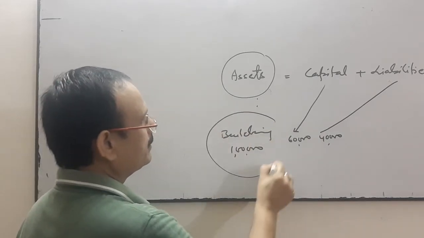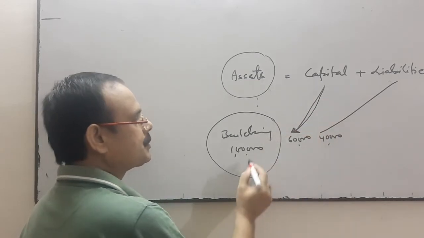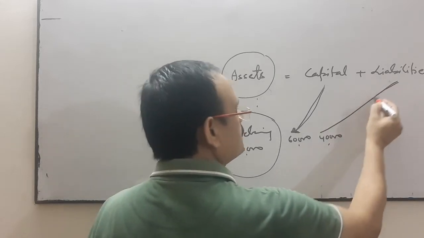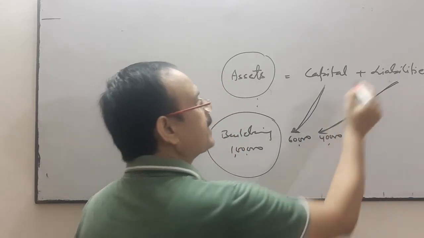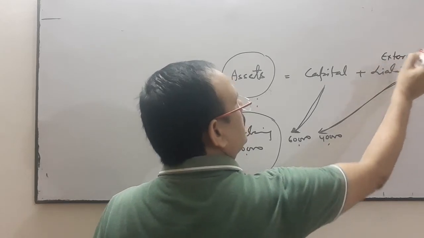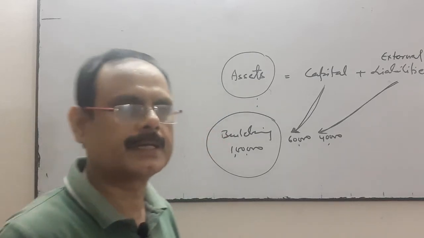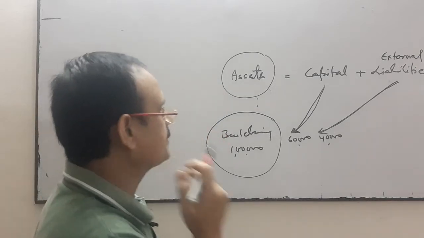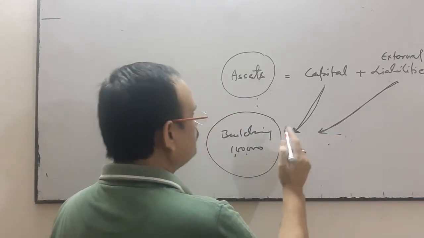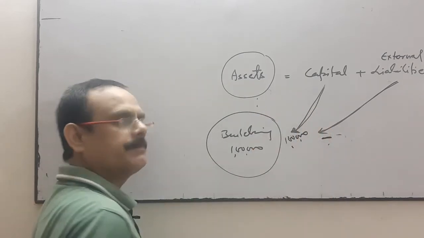It may be like this. Of the 1 lakh building which is purchased, 60,000 is from capital and 40,000 from the external liability. External liability means bank loan from financial institutions, suppliers, creditors, bills payable. It may be only from the capital, nothing from the liability.